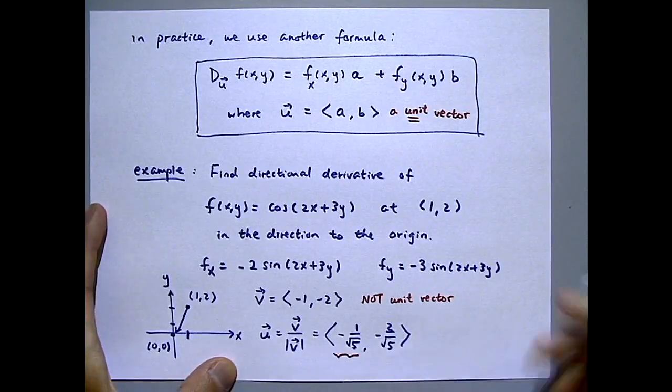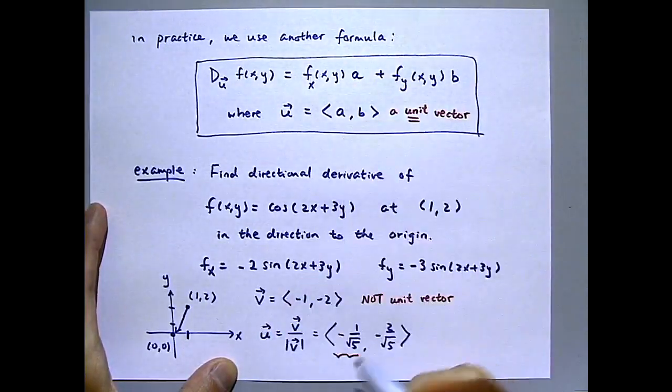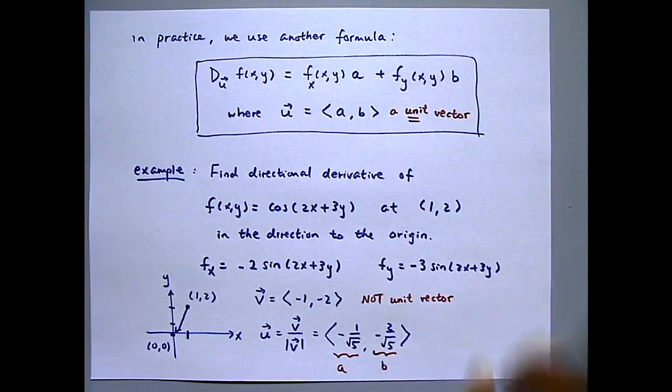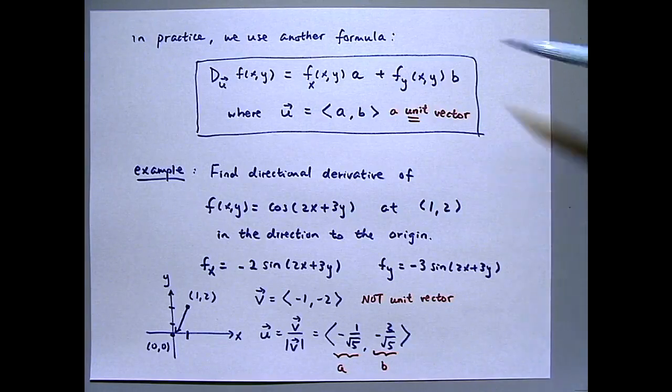And the first component is what we call a in that formula. The second component is what we call b. Okay, and then the rest of this is trivial.